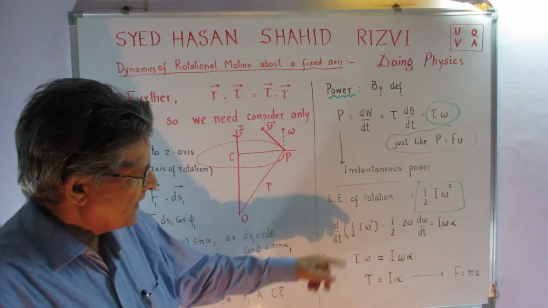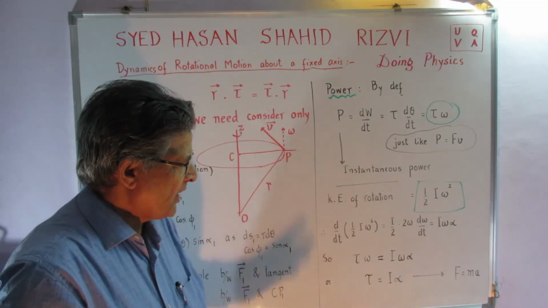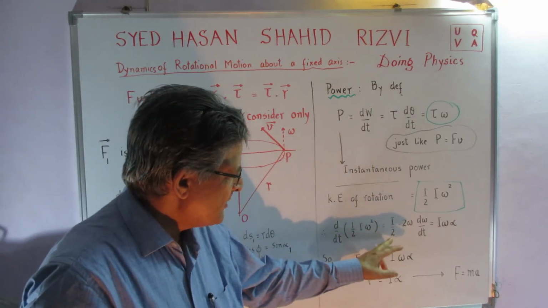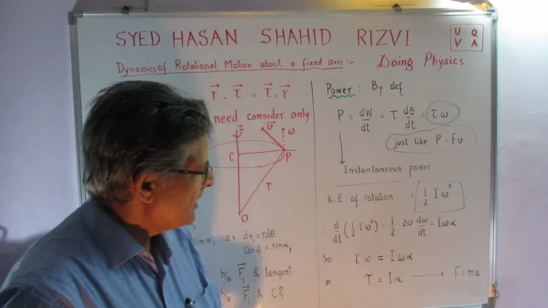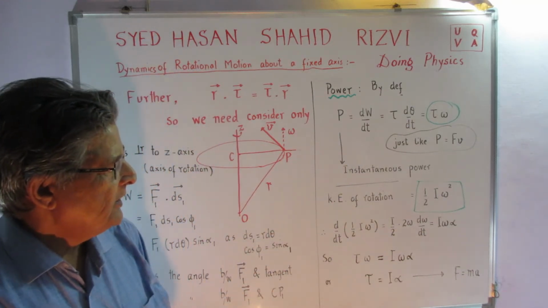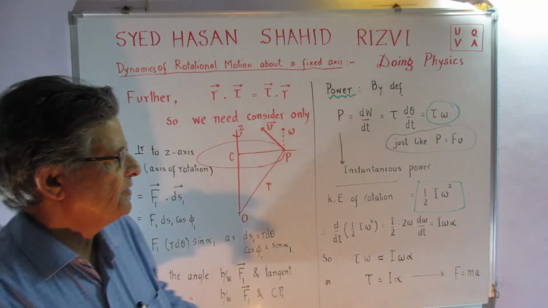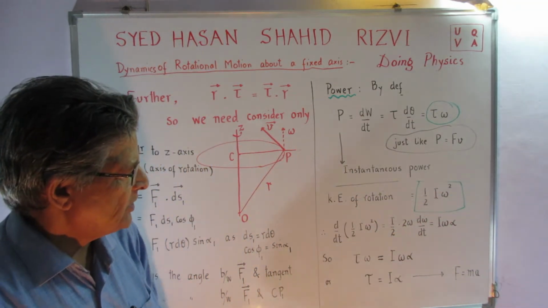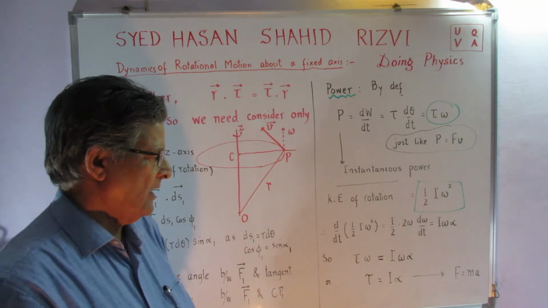When I differentiate it with respect to time, I get I by 2 into 2 omega into d omega over dt, and this d omega over dt is the angular acceleration alpha.